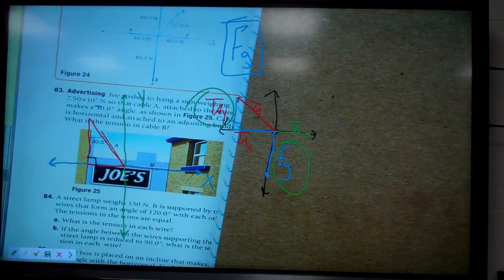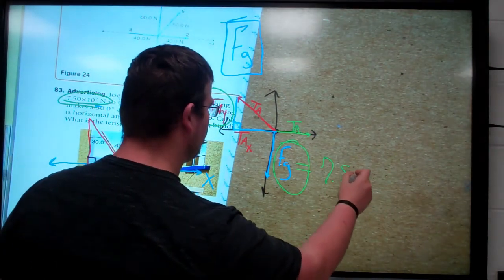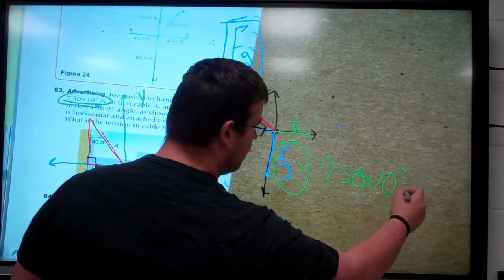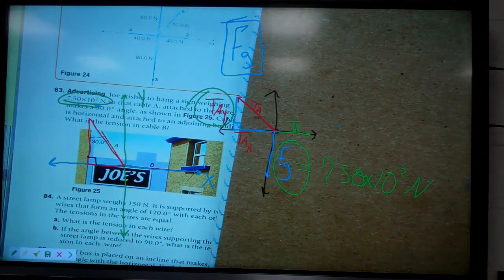They gave you weight in the problem. So weight is equal to 7.50 times 10 to the second newtons. And there's no normal force, because it's not on a surface. Remember, normal force is always perpendicular to the surface. It isn't on a surface.